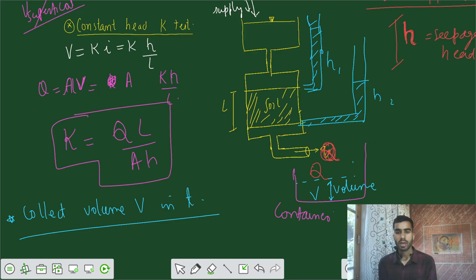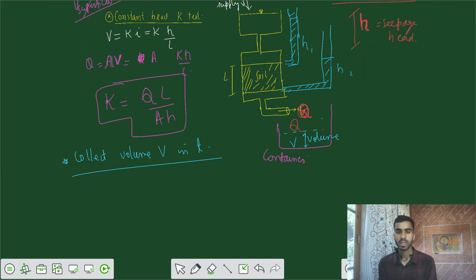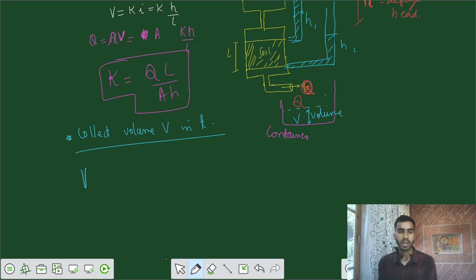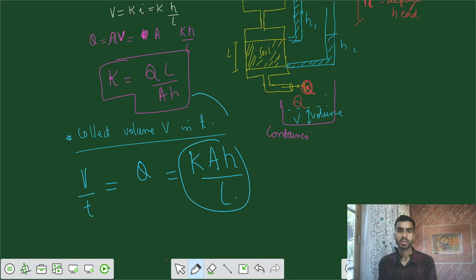So based on the continuity, your volume V in time t has been attained because there is some discharge Q, equal to what was the equation? KAh by L. Can we write that?